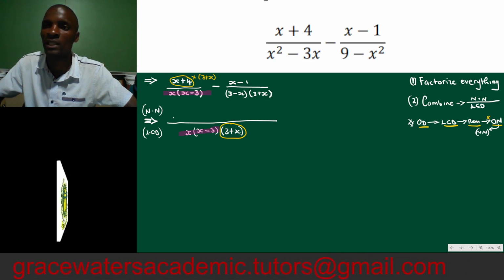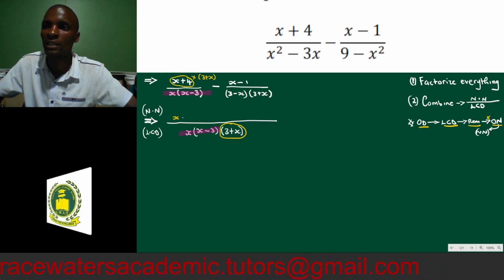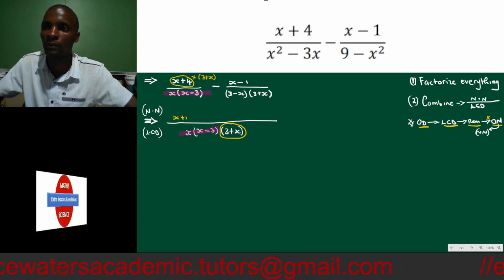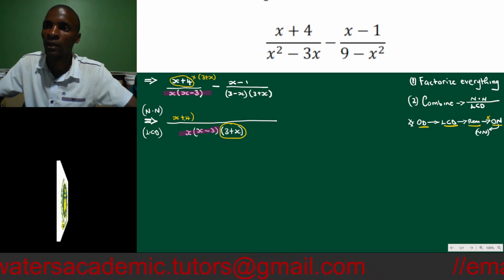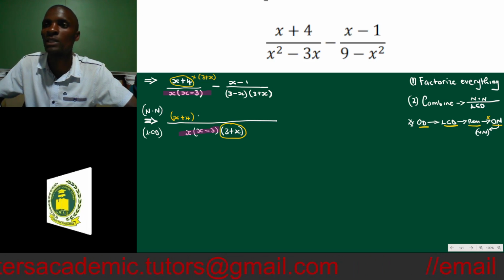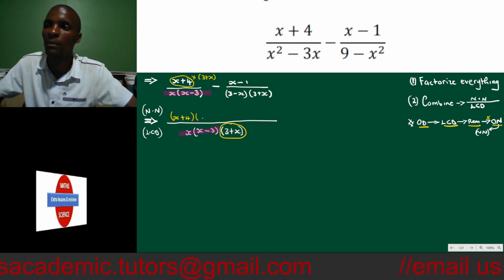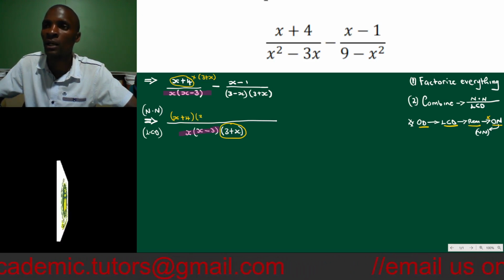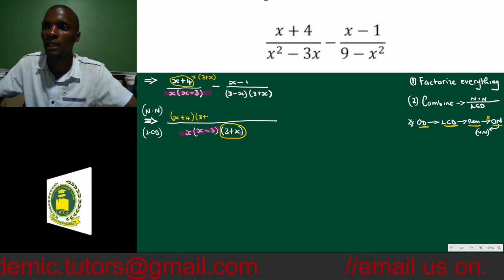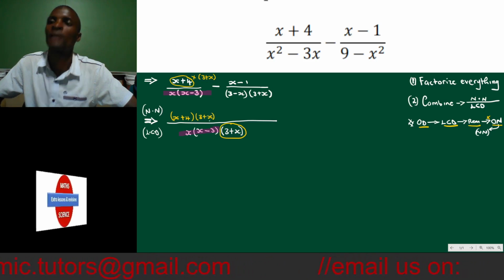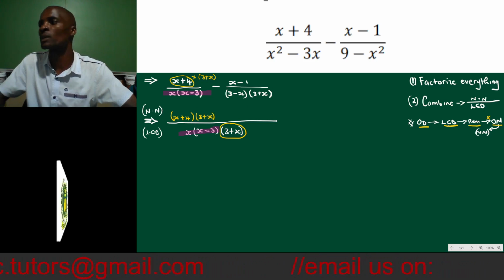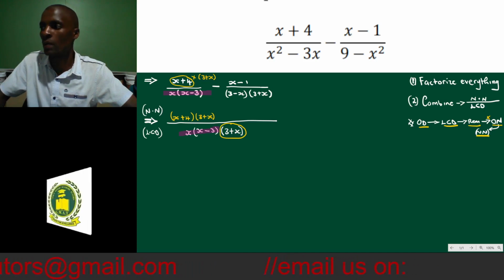Let me put it in yellow. It's x plus 4. Let me put it in brackets because it's an expression. I open a bracket again. I put 3 plus x. So this becomes the new numerator.